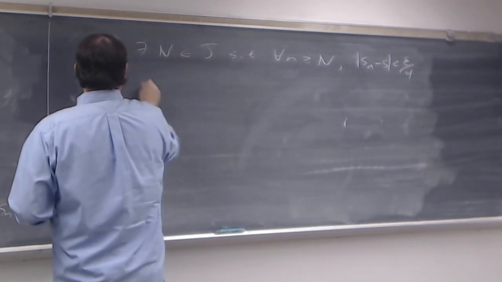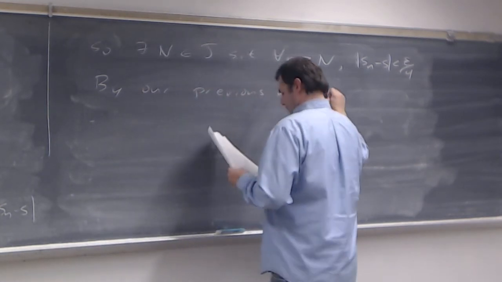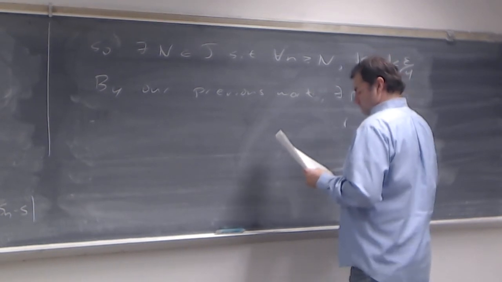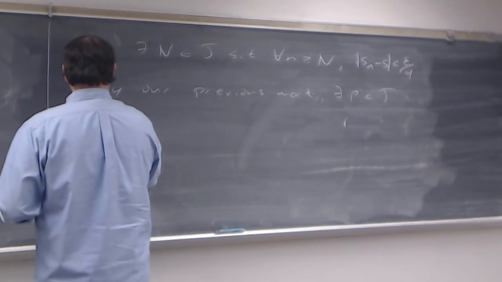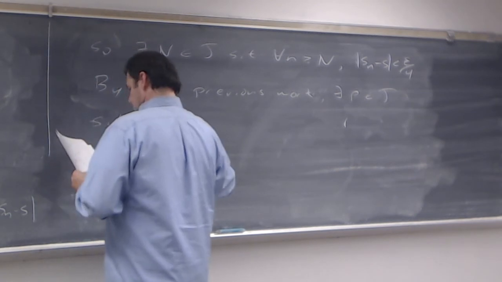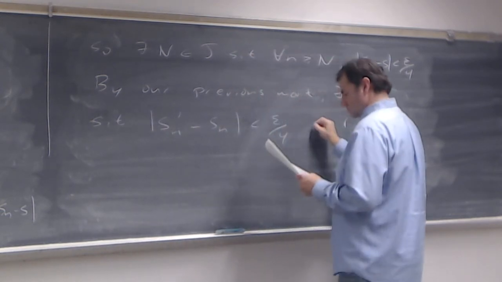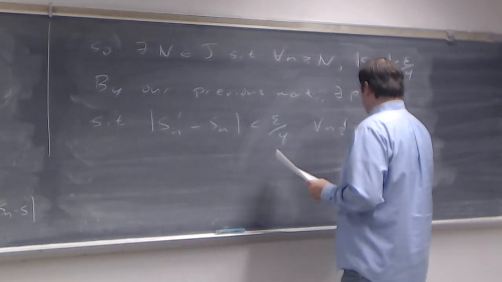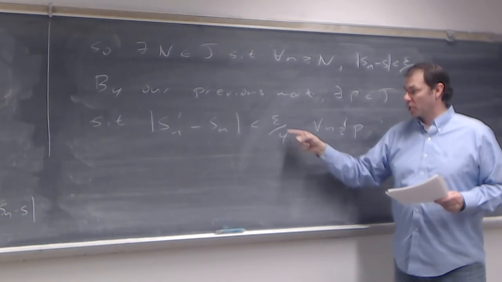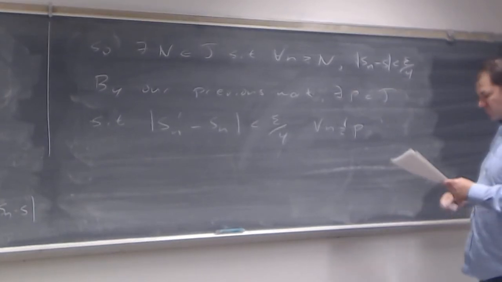And then by our previous work in this theorem, there exists a p such that the absolute value of the difference s of n prime minus s of n is less than epsilon over 4 for all n bigger than or equal to p. Beforehand we had epsilon in our work, but that epsilon was just for any positive number. I'm going to pick this positive number, epsilon over 4.